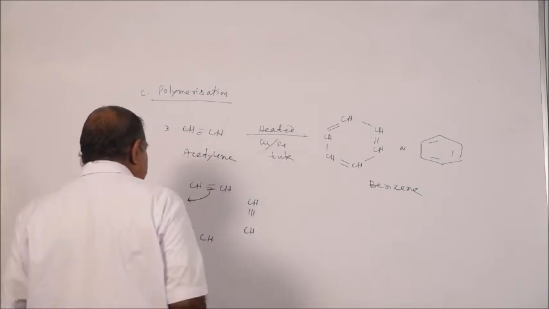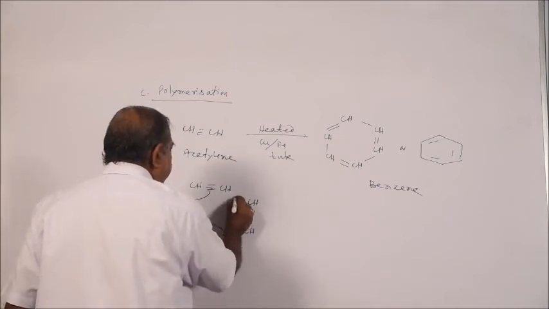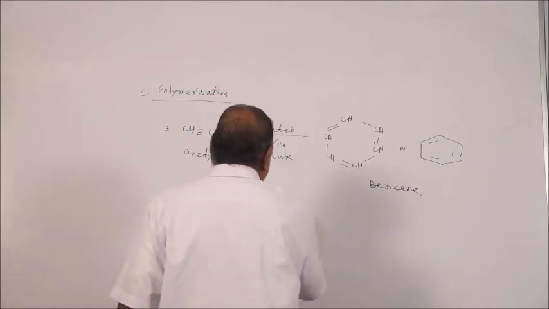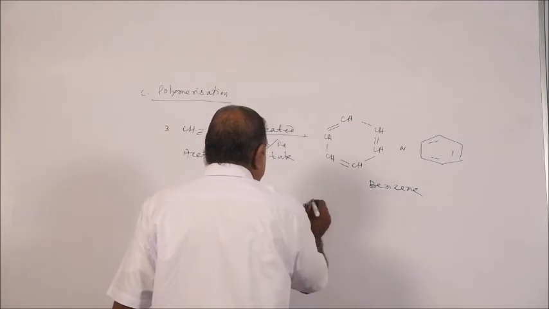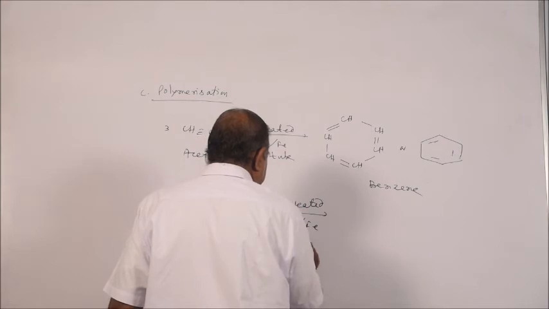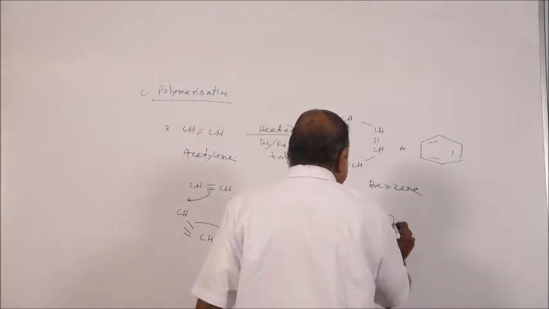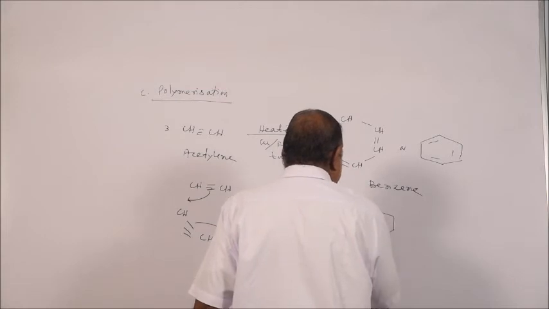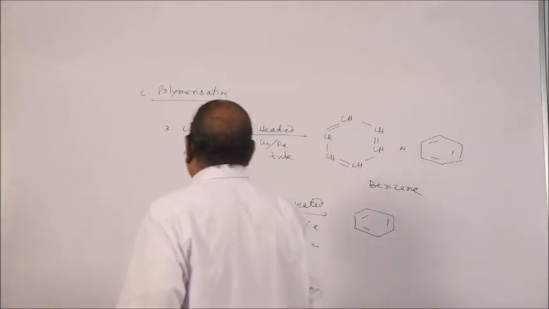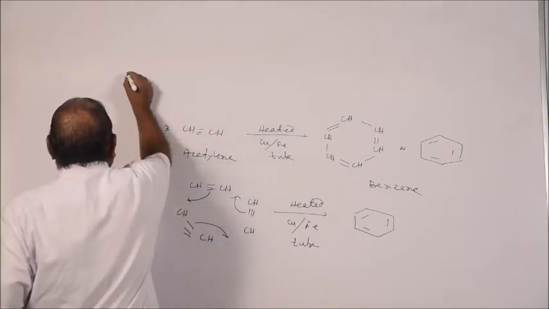One bond comes here, forms a single bond, another bond comes here. So when it is passed through a heated copper or iron tube, 3 molecules of it polymerize to form benzene. So this is regarding the polymerization reaction.